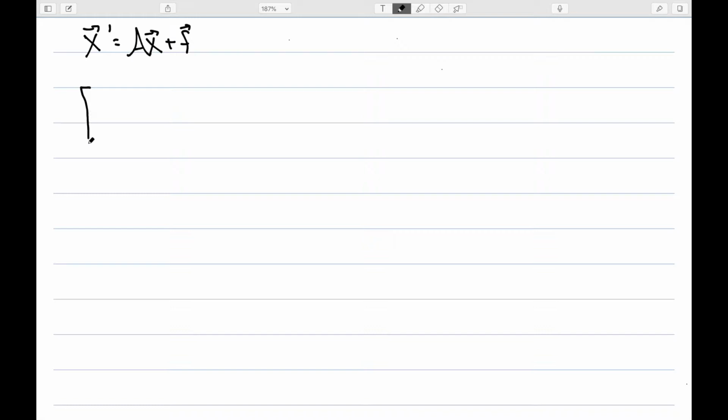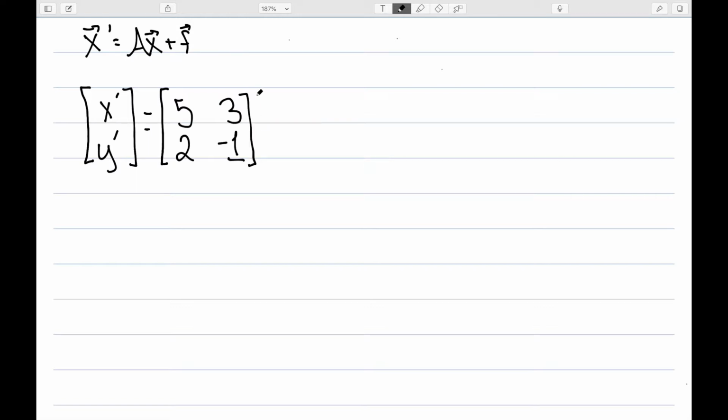We know that x prime was the derivative vector, x prime, y prime. A was our coefficient matrix, which was 5, 3, 2, minus 1. X was a vector consisting of x and y, the things that we're looking for. And F was the extra stuff at the end, which was a t and an e to the t.